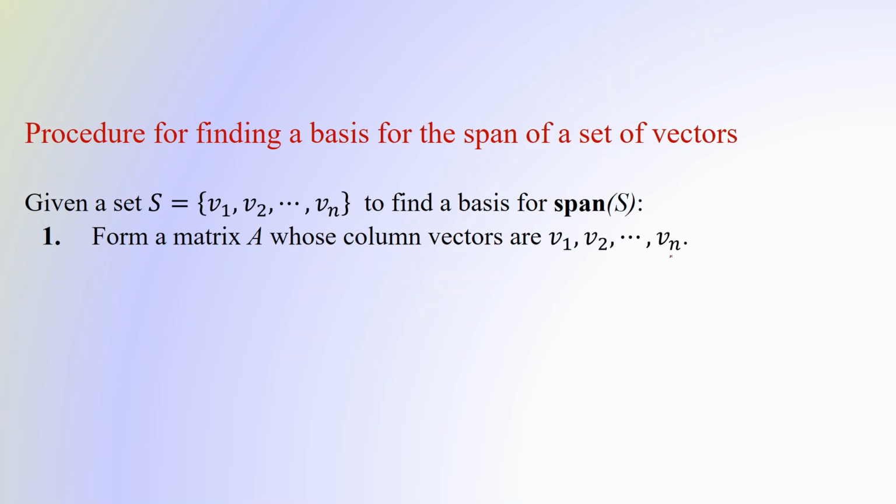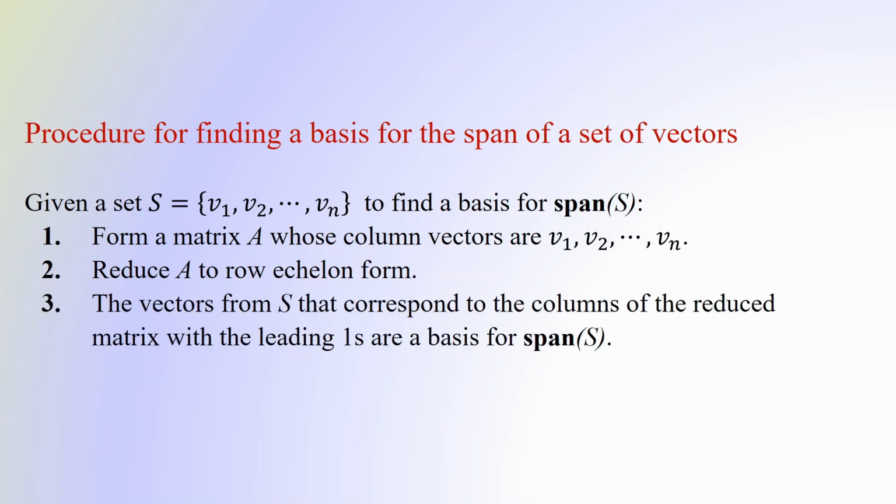Then reduce the matrix into row echelon form, and the vectors from S that correspond to the columns of the reduced matrix with the leading one are the basis for S. So you select the corresponding column vectors which have the leading coefficient 1 in each row. Then this will form a basis for the span of S.